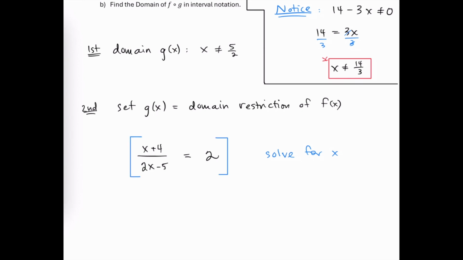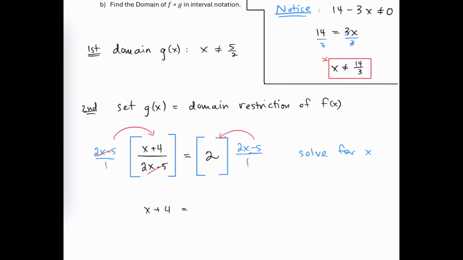So this is a rational equation that's solved by multiplying both sides by the LCD. And the LCD in this case is 2x minus 5. So 2x minus 5 over here on the left, the LCD is going to cancel with this 2x minus 5, and we are left with x plus 4. And then multiplying the LCD over here on the right, we get 4x minus 10 after we distribute in that 2.